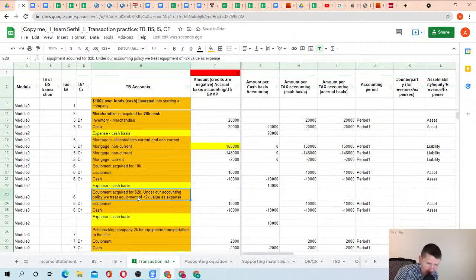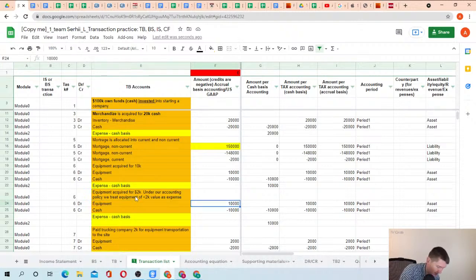Okay, so since we have that policy, it also applies to our accrual basis of accounting. And such policy, it's a bit complicated matter, because if you are a very small business, $2,000 can be significant for you, and it will depend on your treatment of everything.